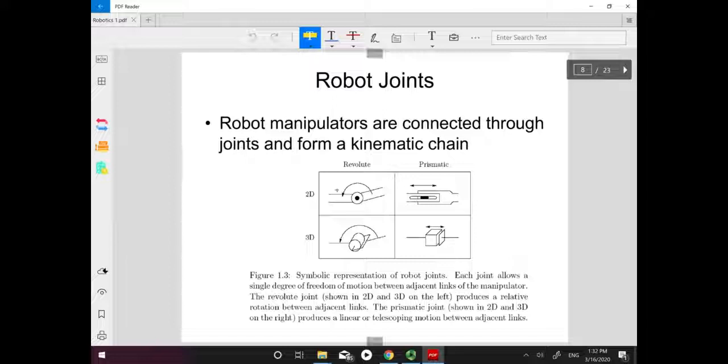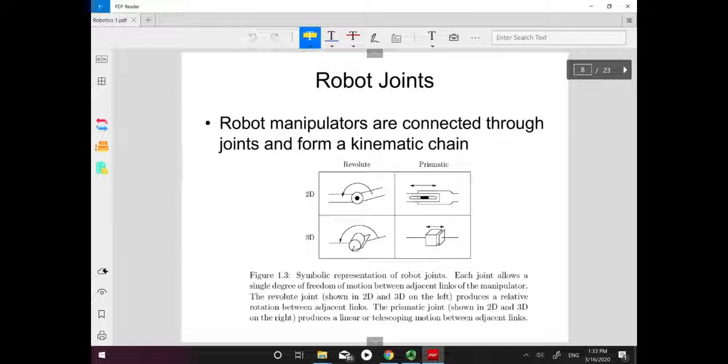This figure shows the drawing of the revolute joint, this is 2D and this is 3D. And these two figures show the prismatic joint, this is 2D, and we can see this type of prismatic joint a lot in different scenarios. And in 3D, we use this type of drawing to represent a prismatic joint.